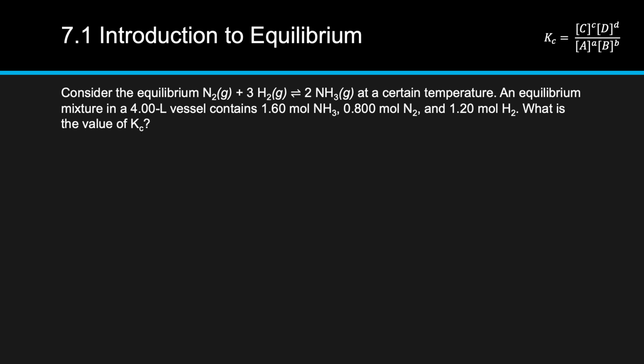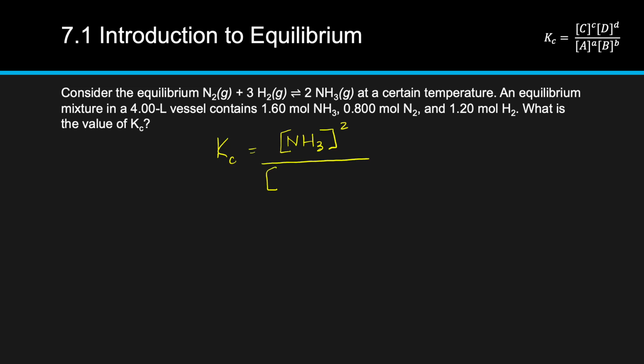So if I'm solving for Kc, I'll start with Kc equals, remember when we're doing K, it's always products over reactants. And since we are doing C or concentration, we're going to put these in brackets. So it's going to be the concentration of NH3 raised to the coefficient from the balanced chemical equation, which is 2. And then on the denominator, we're going to have our reactants.